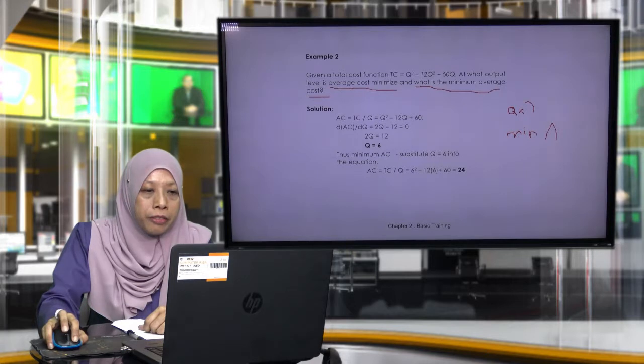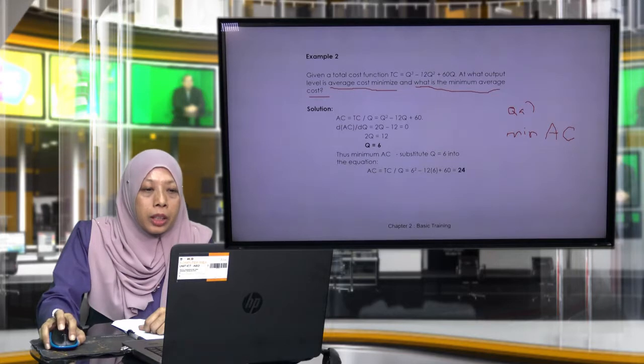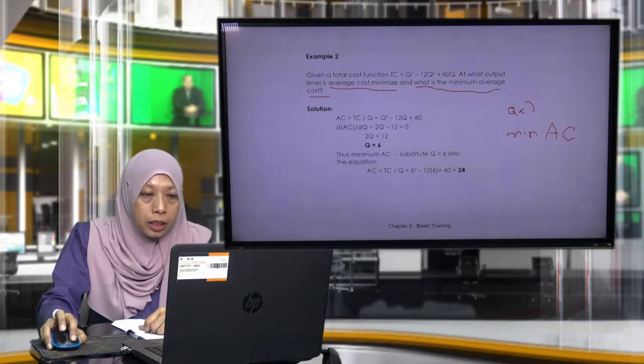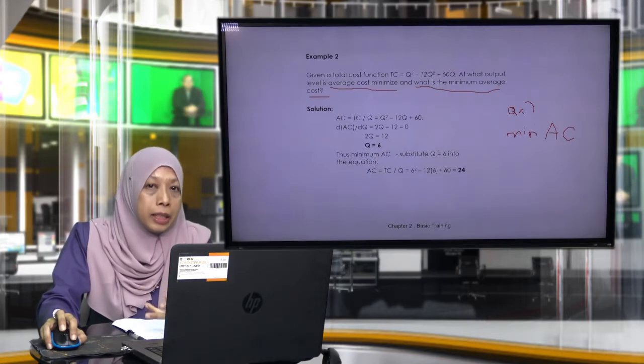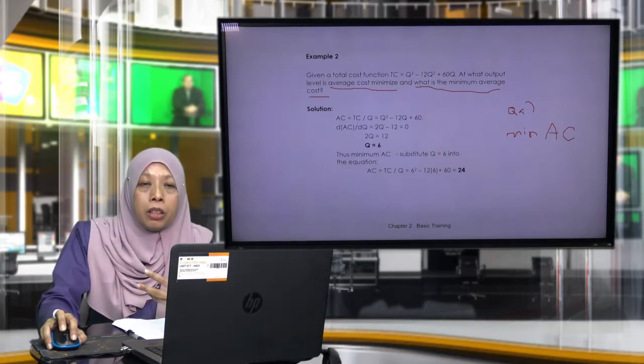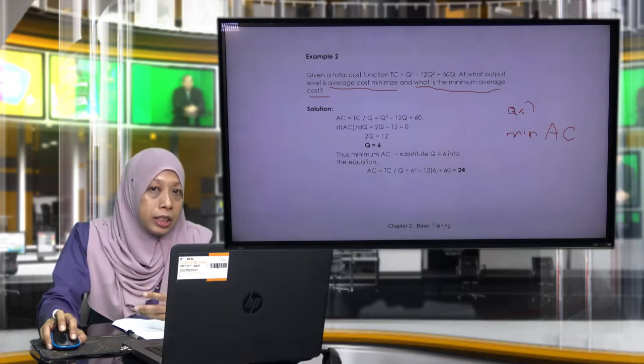So you want to find the Q that minimizes your average cost. Remember, whenever you want to minimize or maximize something, this is an optimization problem. And to optimize a function, you are required to differentiate the function once and set it equal to 0.